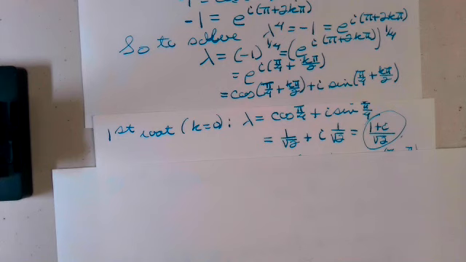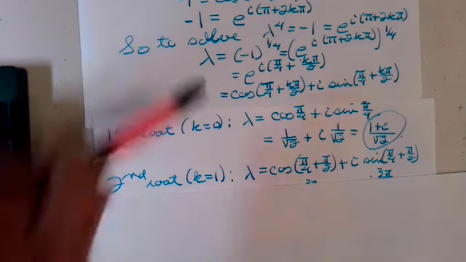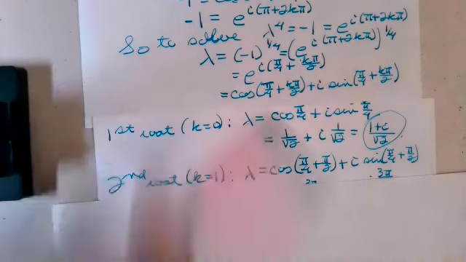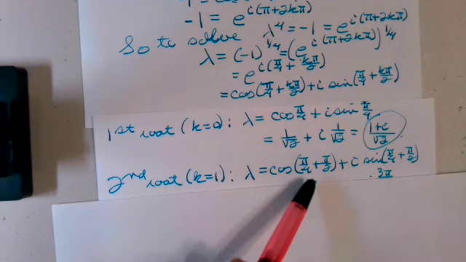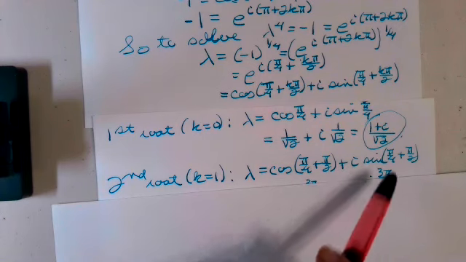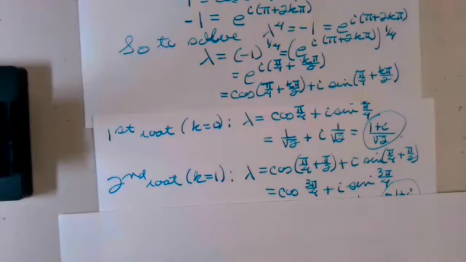To get the second root, we take k equals 1 in this formula. Now when k equals 1, you get cosine of pi over 4 plus pi over 2, and sine of pi over 4 plus pi over 2. Now when you add those together, that gives you sine and cosine of 3 pi over 4.